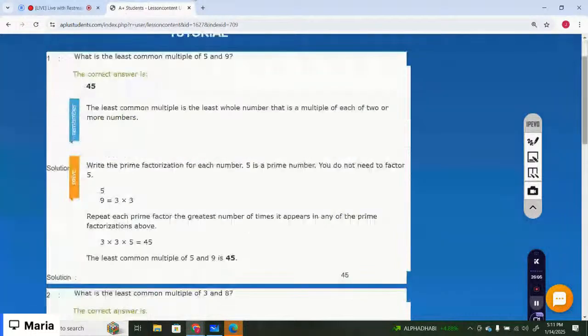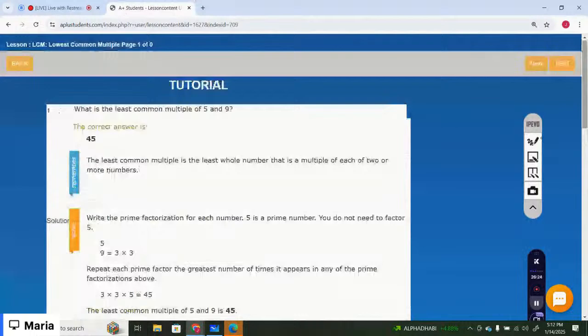So we have to write down the prime factors for 5 and 9. The prime factors of 9 are 3 times 3, and 3 times 3 times 5 is 45. Let's just start with the test questions.